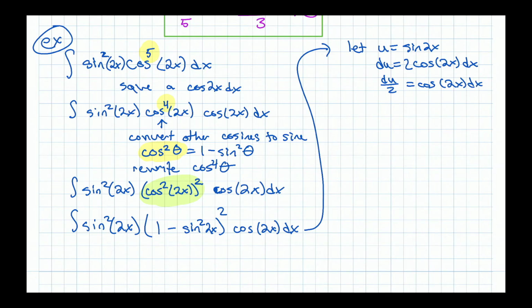And now we're ready to make our substitution. What do we have? Sine squared is going to be u squared. Then we have 1 minus sine squared 2x, and the 2. So be careful there. Parentheses, 1 minus u squared, squared.